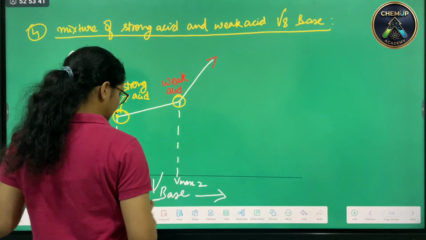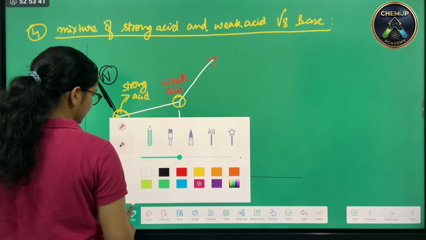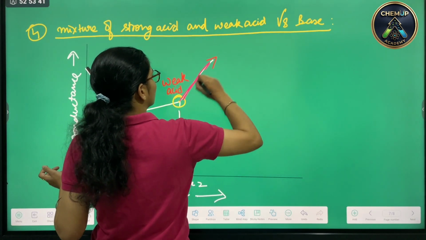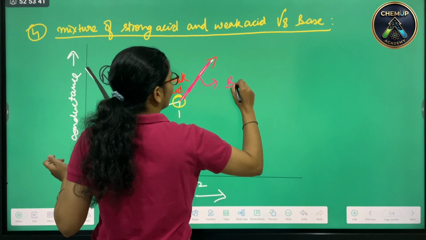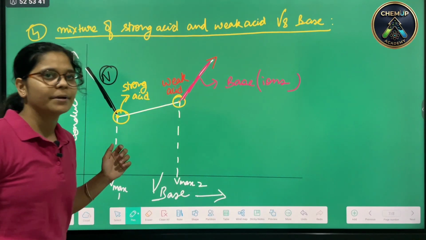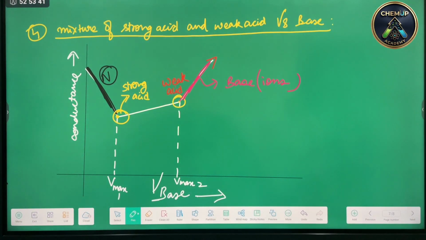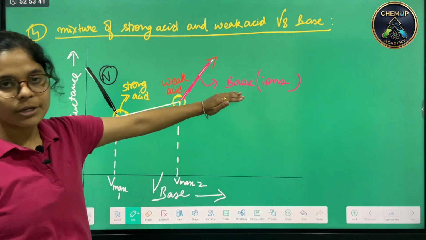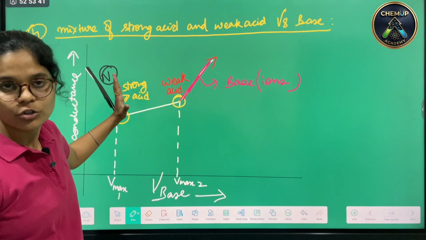And then this increase is due to the base ions that were present due to the extra base that was released. So we are getting two equilibrium points, out of which one is for strong acid.